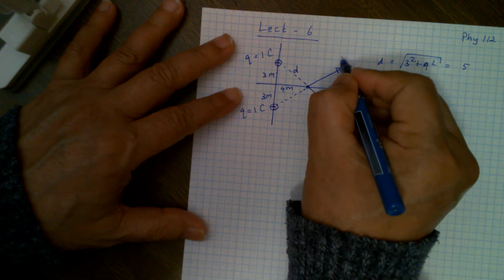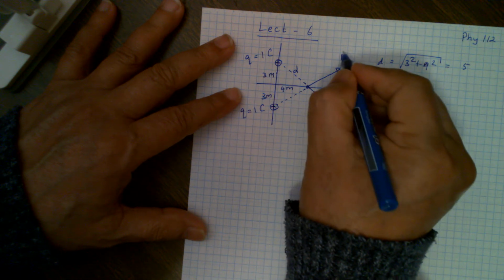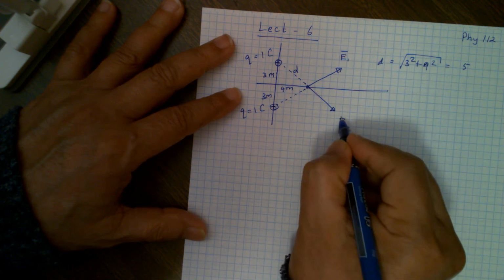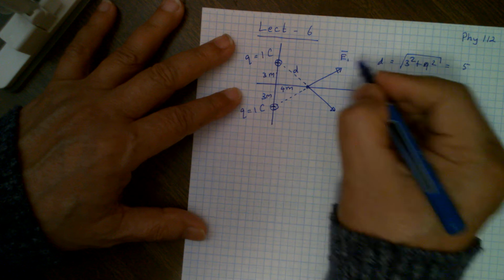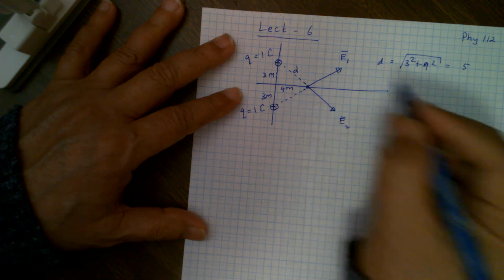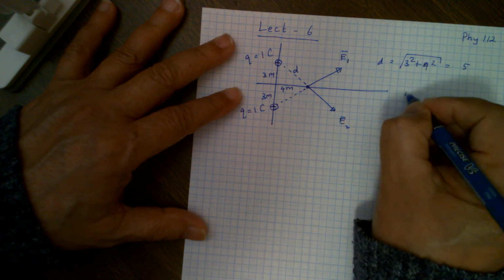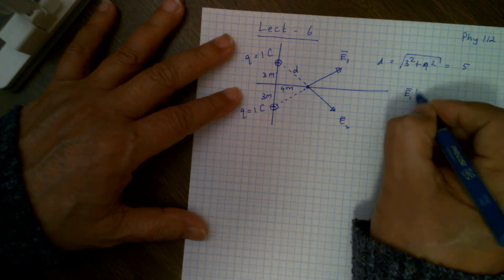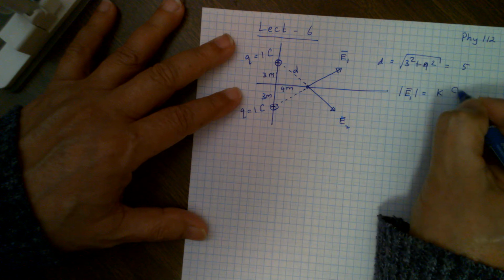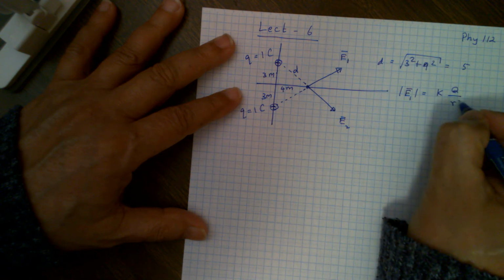And electric field, let's call it E1, and this is electric field E2. So how do I find E1? Well, E1 is in this direction. The magnitude of E1 can be simply found by KQ by R squared.